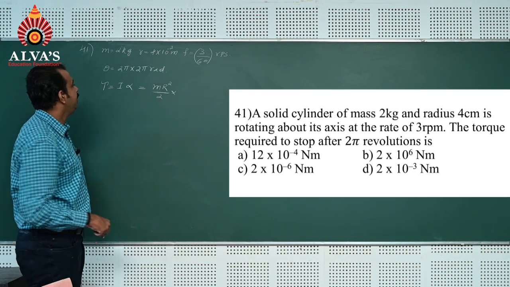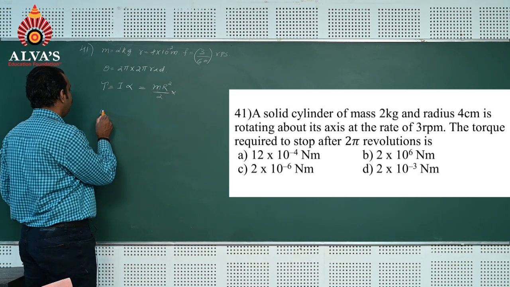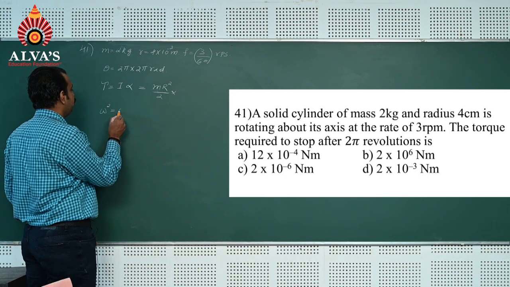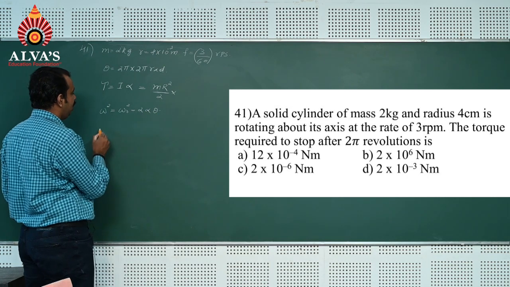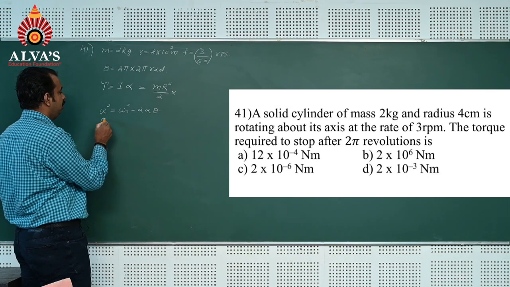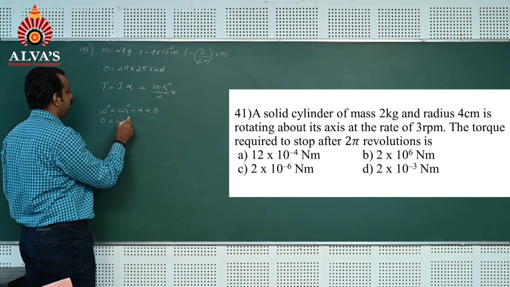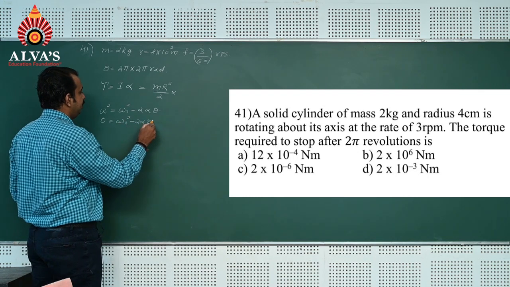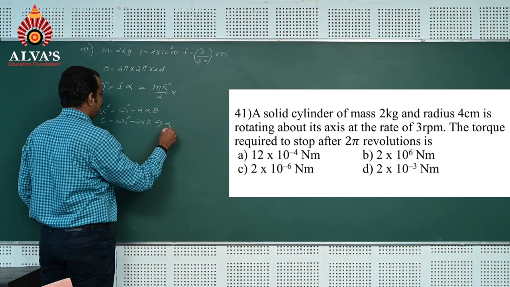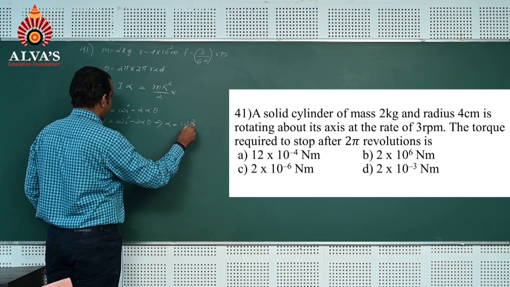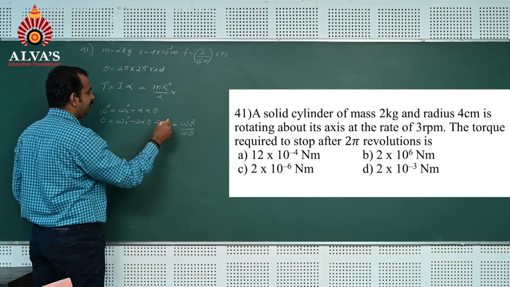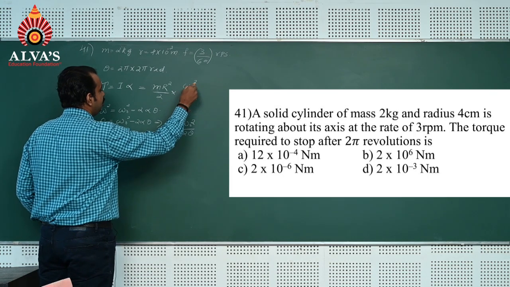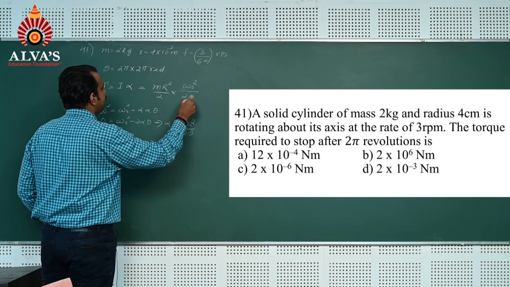Then to stop it, the formula is omega square is equal to omega naught square minus 2 alpha theta. To stop means omega is 0, which is 0 equals omega naught square minus 2 alpha theta. That implies alpha is equal to omega naught square divided by 2 theta. So alpha can be replaced by omega naught square divided by 2 theta.